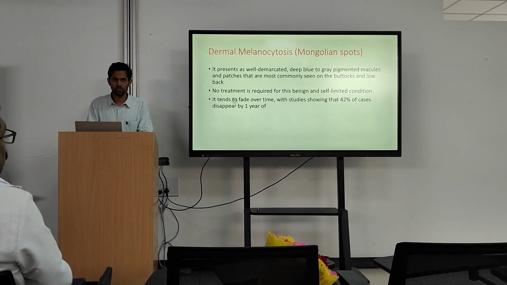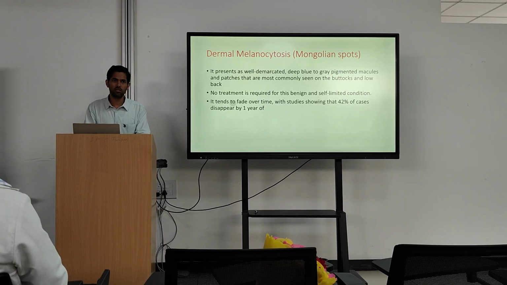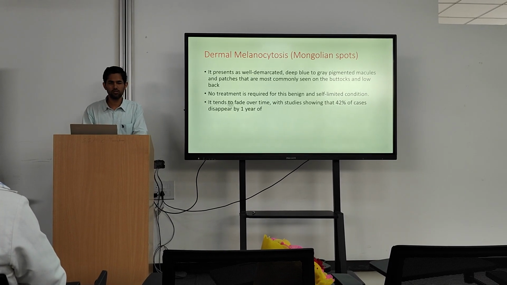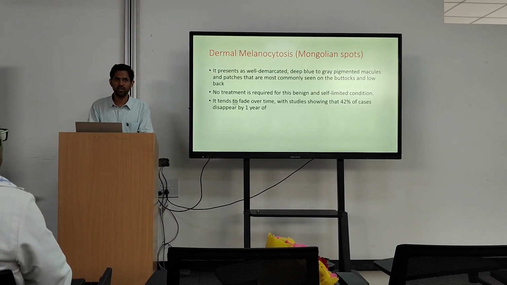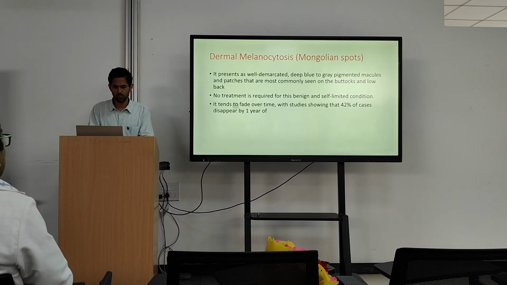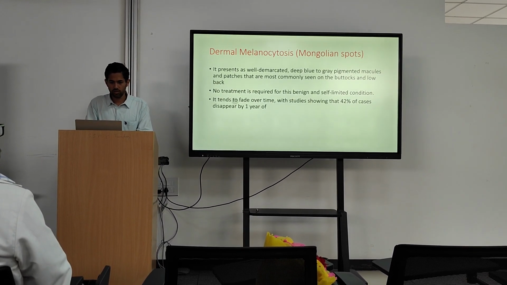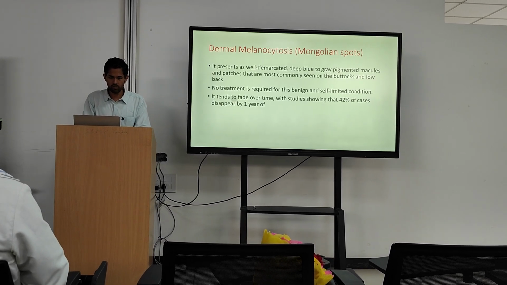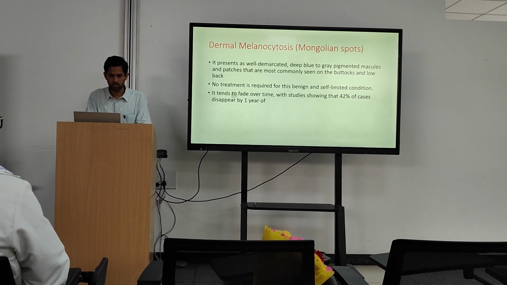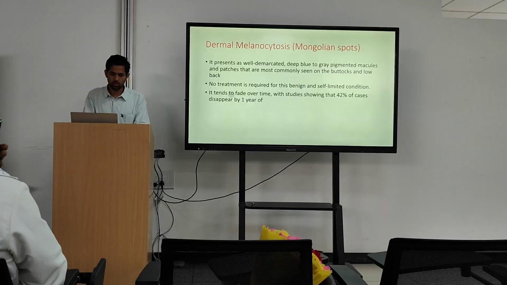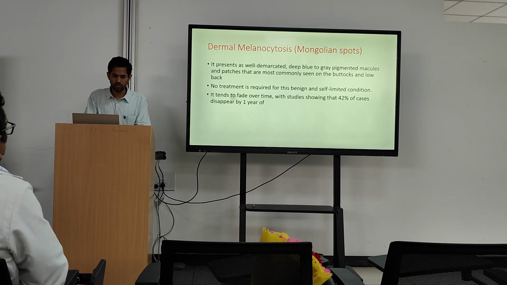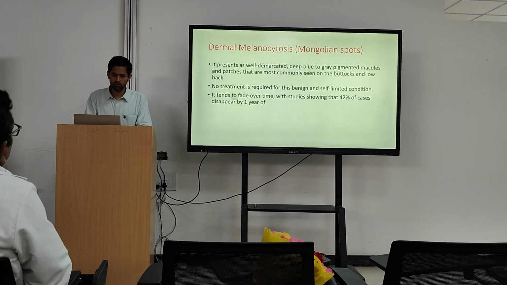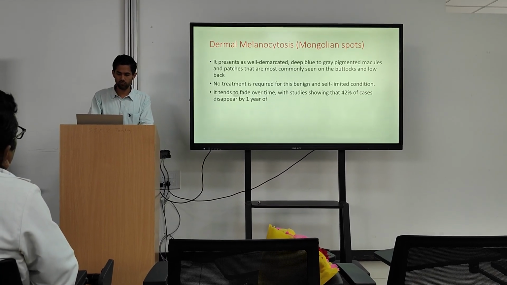So it's called dermal melanocytosis, or one more name is salmon dermal melanocytosis or slate gray nevus. It presents as well demarcated deep blue to grey pigmented macules and patches that are most commonly seen on the buttocks and low back. No treatment is required for this benign and self-limiting condition. It tends to fade over time, with studies showing that 42% of cases disappear by 1 year of age.